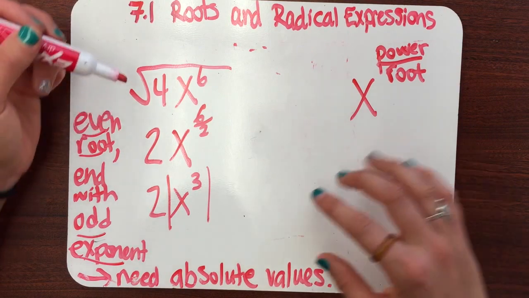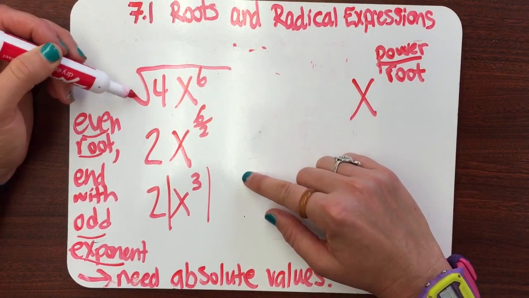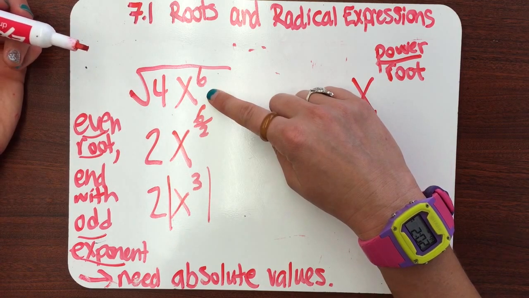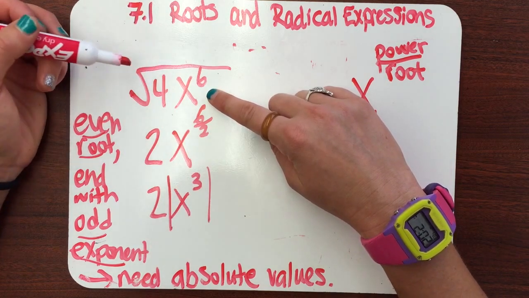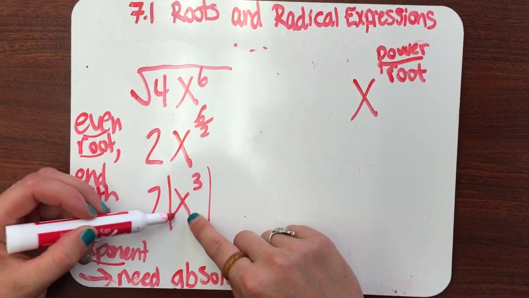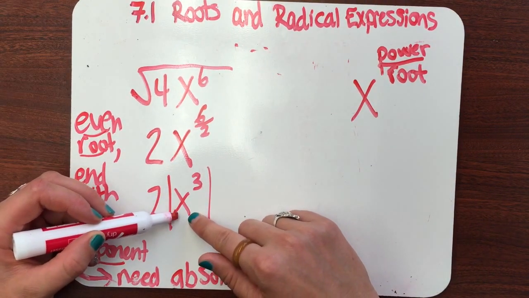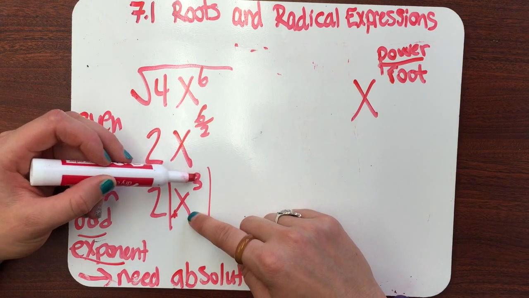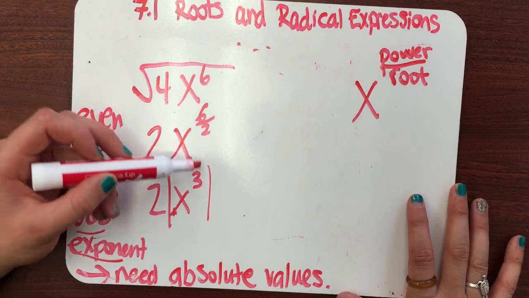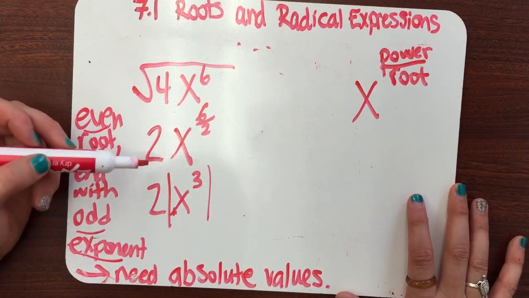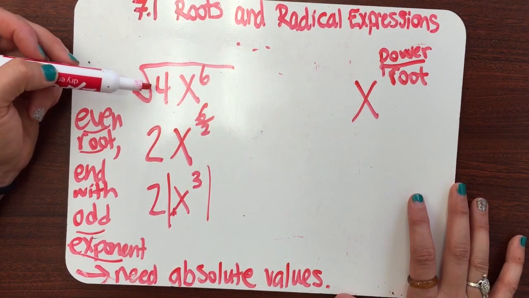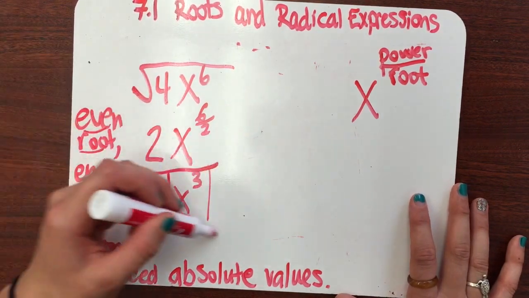We need this because for underneath even roots, we cannot have a negative underneath the radical in order for it to be a real solution. If we plugged in a negative value for x, after solving this, you'll still come out with a negative value. So the absolute value ensures that you're plugging in a positive value into your even roots. So this is the answer for that.